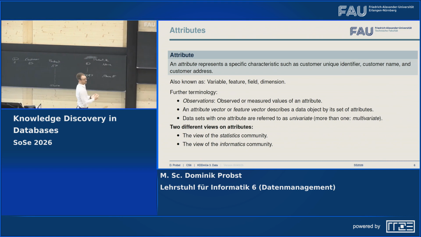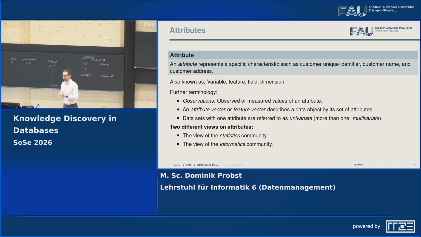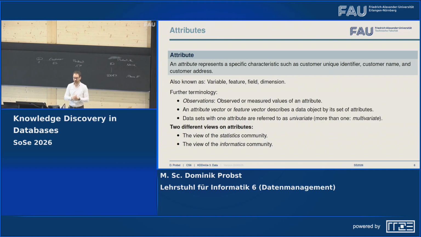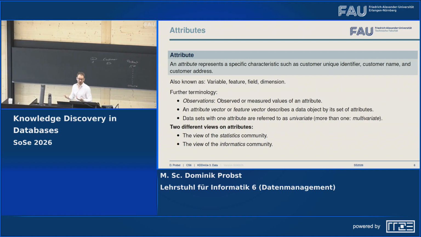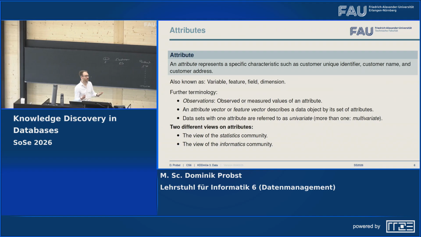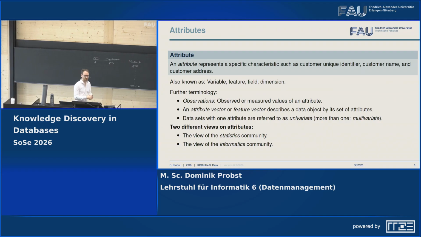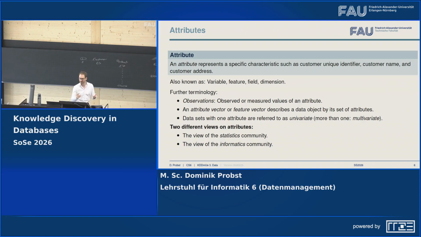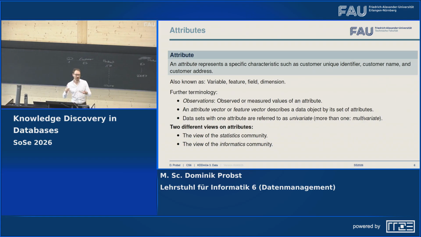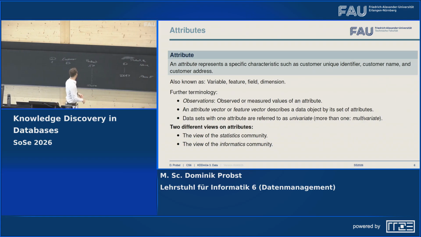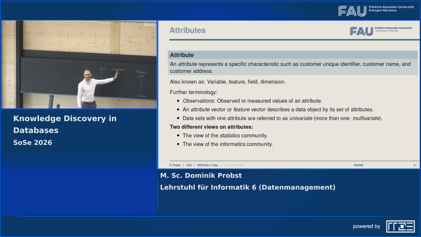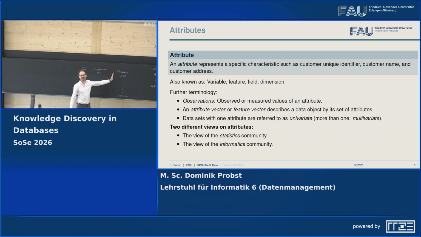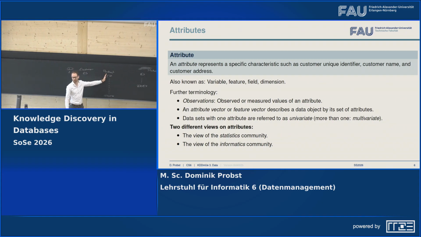Columns are attributes. An attribute represents a specific characteristic of a data object. For example, a customer might have a unique identifier, so an ID, name, and an address. Or a transaction might have an ID, a linked customer, and a specific product bought. Those are attributes.